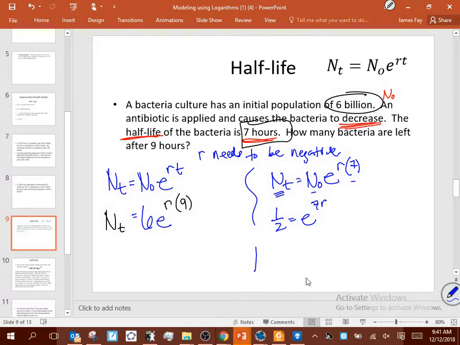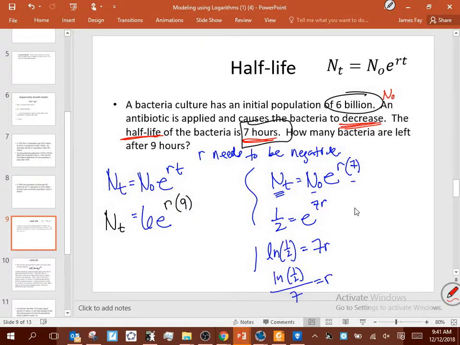Can I now use logarithms? Take the log on the left-hand side. Take the log of the right-hand side. So when I do that, that 7r can come out front. And I'll be left with ln of e, right? What's ln of e? 1. Okay, divide by 7 then. ln of 1/2 over 7 is equal to r.